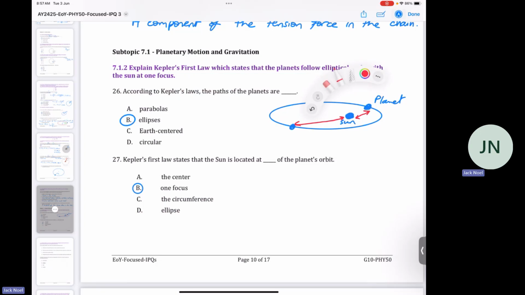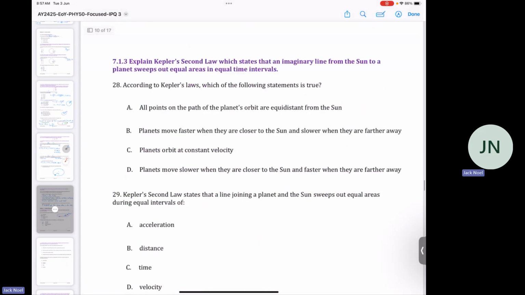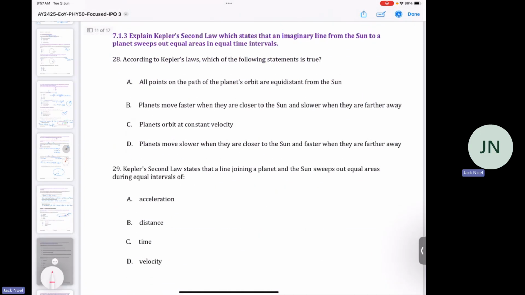All right, so next, A is wrong. Planets move faster when they are closer, that's correct, and slower when they are farther away from the sun. So closer to the sun, faster. Away from the sun, slower. So the answer is B. No need even to continue the rest, because they are already wrong.